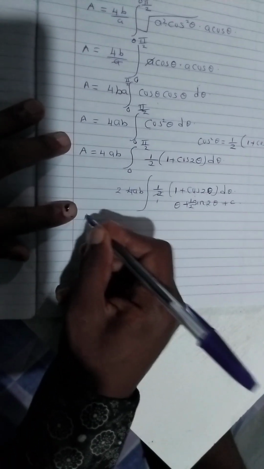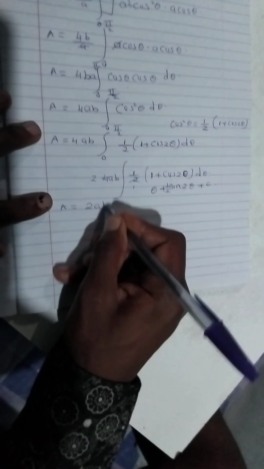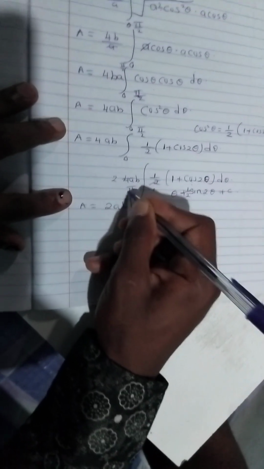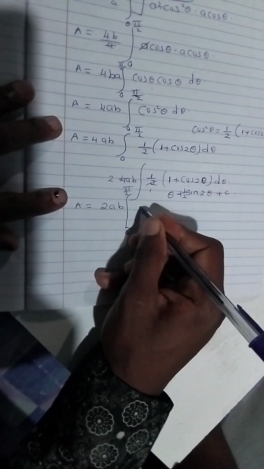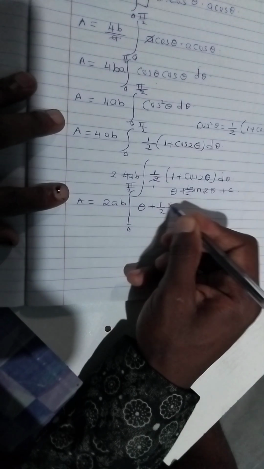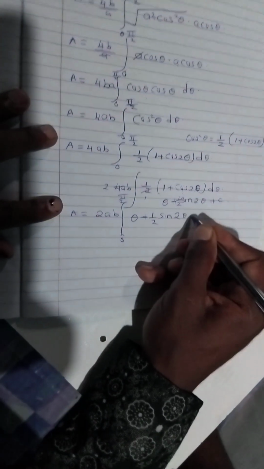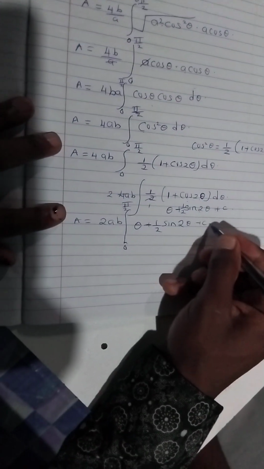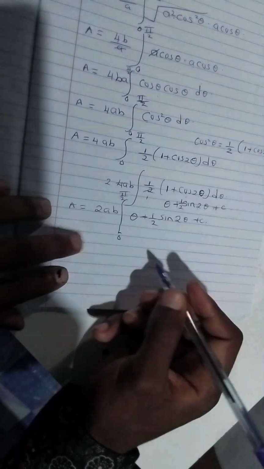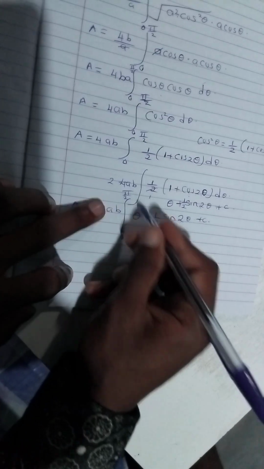Now we have area, which is equivalent to 2ab from 0 to pi over 2 of theta plus a half sine 2 theta plus c, which is not necessary. Now we start from the upper limit. We replace theta with pi over 2.